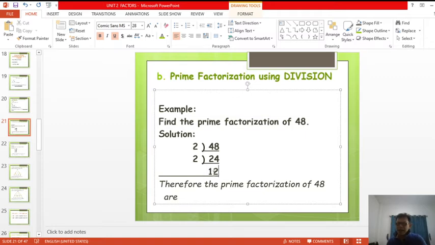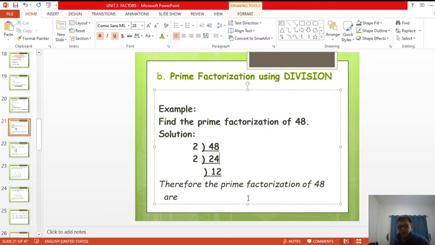Again, after that, you draw the reverse division sign. Then what number do you think you can divide by 12?